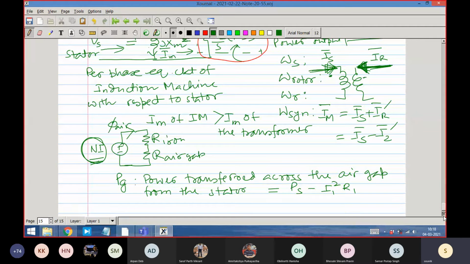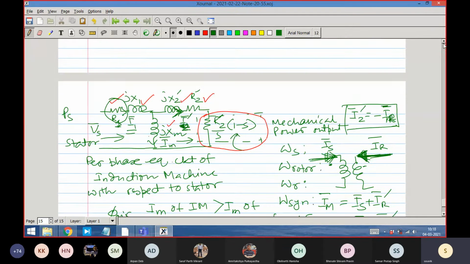Right. So this is the stator power, and the air gap power is equal to how much? So let us look at this circuit again. And what do I see? What is this power equal to? Obviously no power loss happens in the inductances. So jX1, there is no power loss.